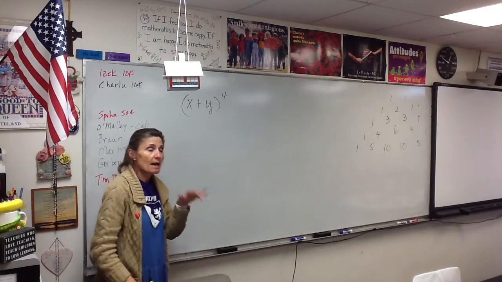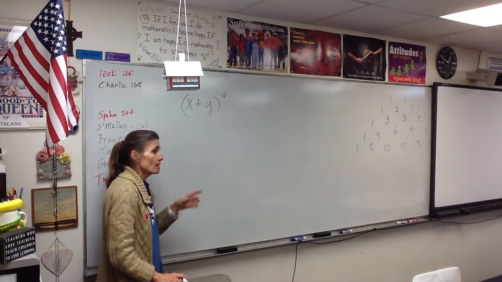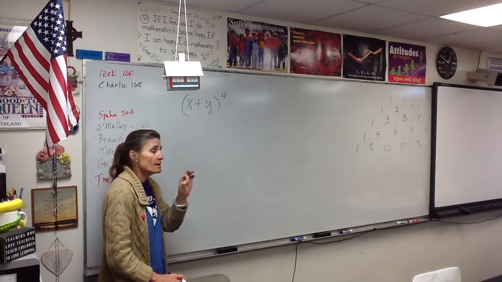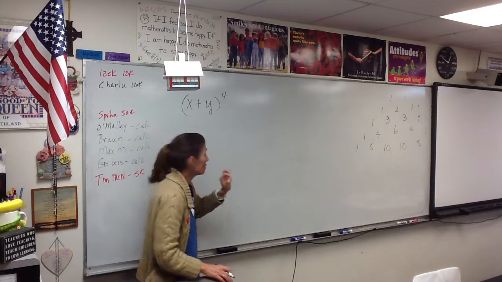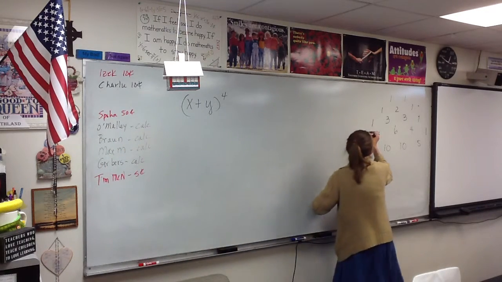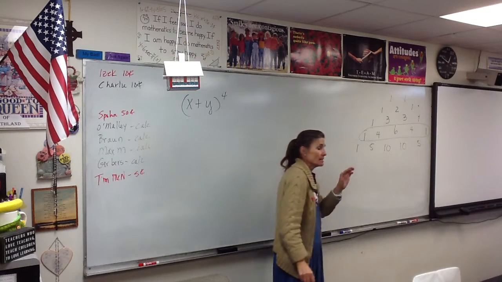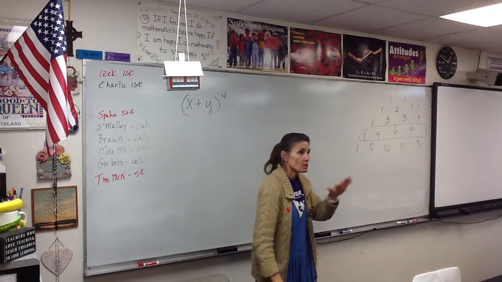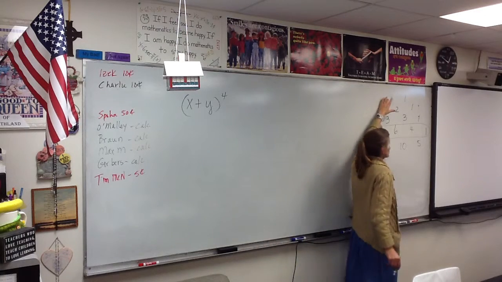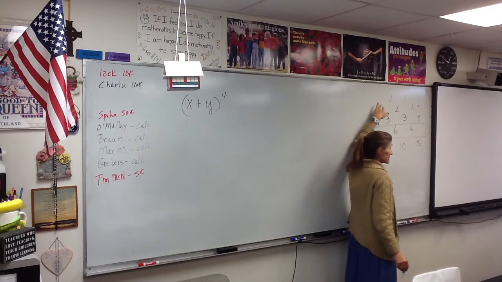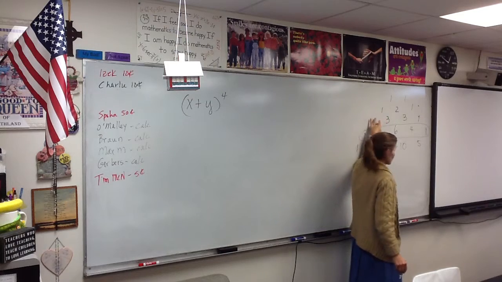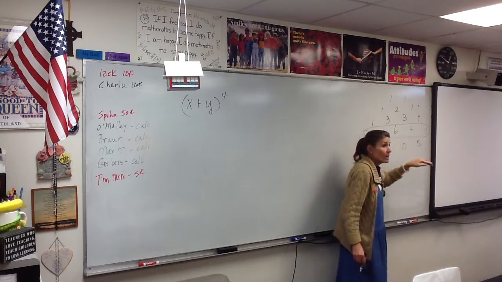So here are the steps I want you to go through. First of all, because it's to the 4th power, I'm going to be looking at the 4th row of my triangle. Now kids, that's critical. You got to recognize this is the 1st row, 2nd row, 3rd row, 4th row.